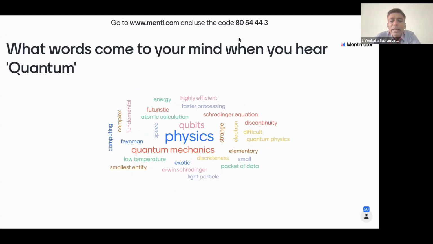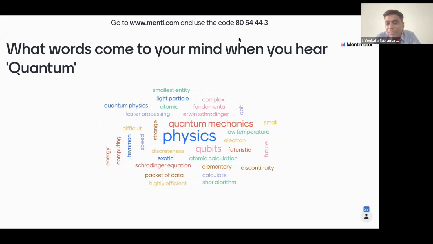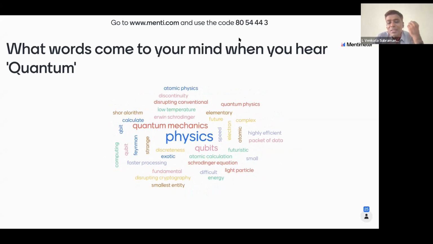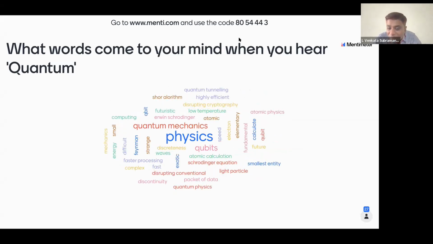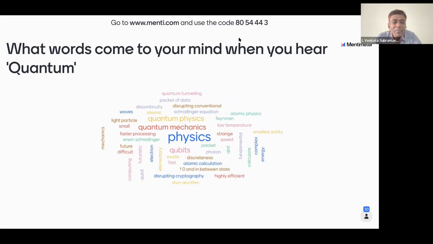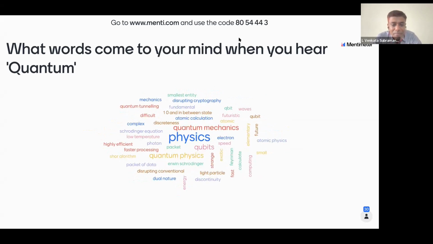Small entity, low temperature, disrupting cryptography. Excellent. Packet, futuristic, waves, 1, 0, and in between state.